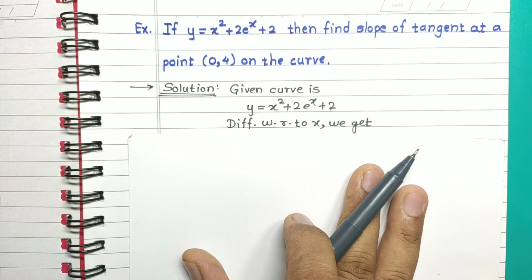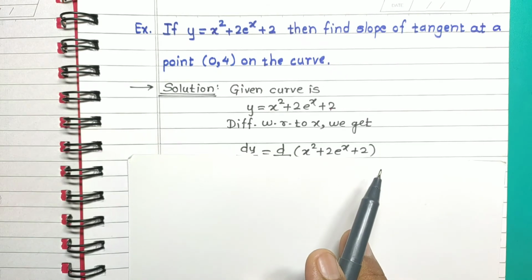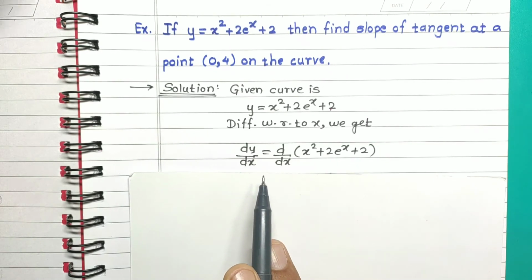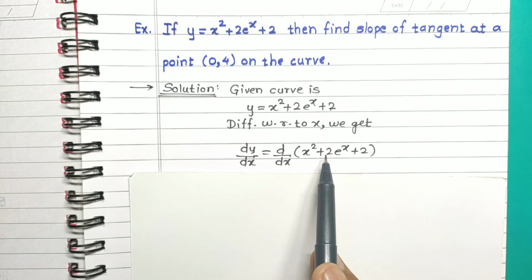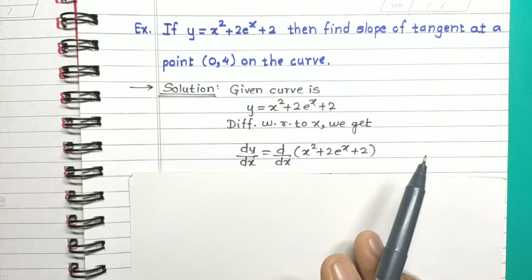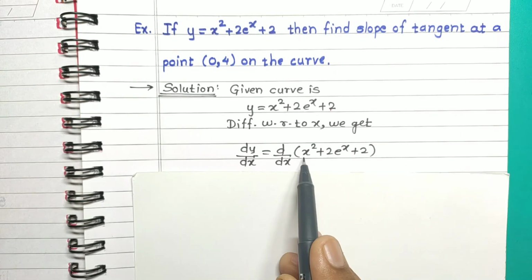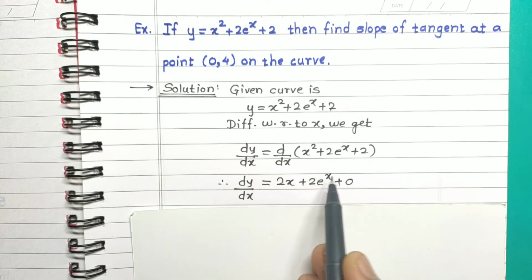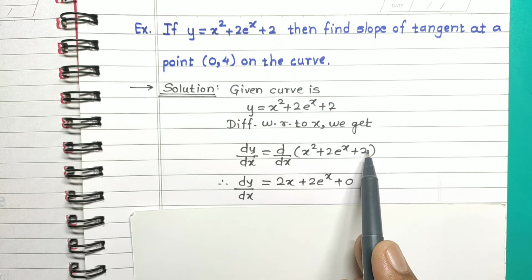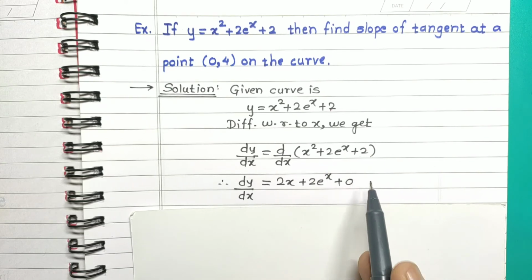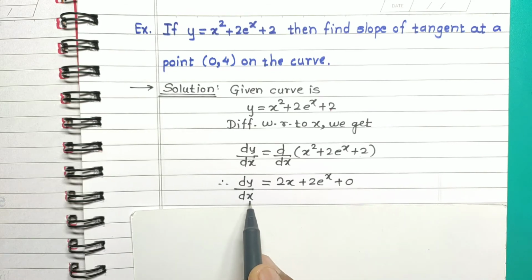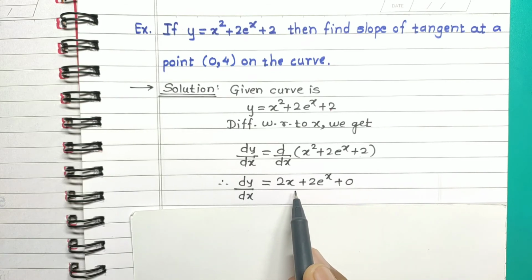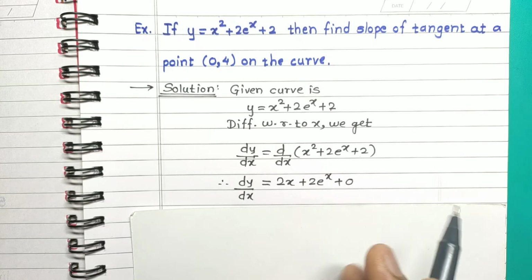So differentiating with respect to x, we get dy by dx is equal to the derivative of x square plus 2 into e raised to x plus 2. So the derivative of x square is 2x and 2 is constant. Derivative of e raised to x is e raised to x. Again here 2 is constant, so its derivative is 0. And we have dy by dx is equal to 2x plus 2 into e raised to x.